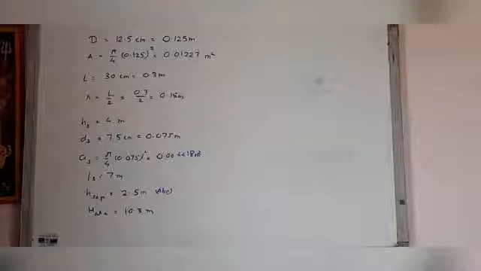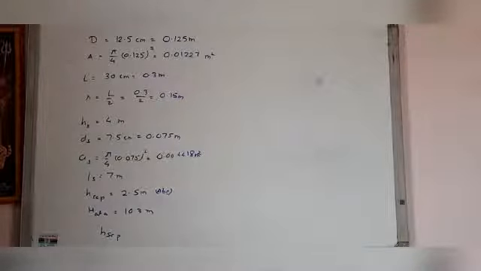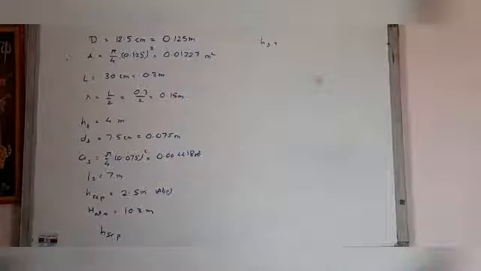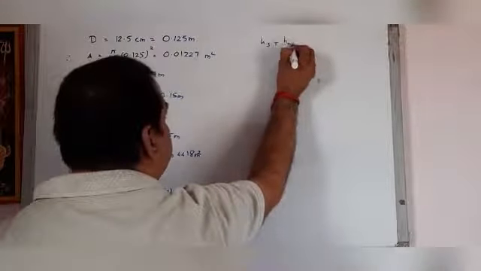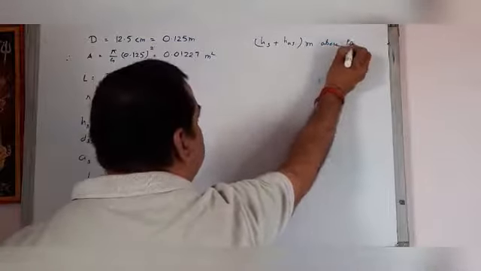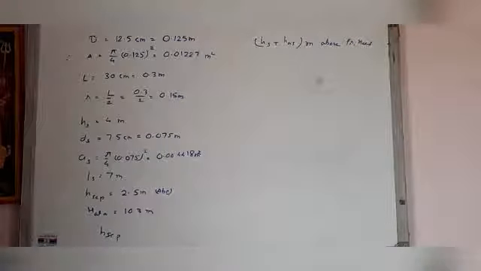In this case, the pressure head in the cylinder at the beginning of the stroke is H separation, but the pressure head in the cylinder at the beginning of the suction stroke is the atmospheric pressure head minus HS plus HAS meter absolute.